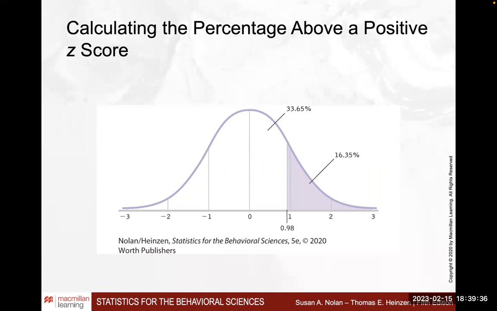If I calculate 100 minus 83.65, I know what proportion of the population is greater than that value. Correct? Makes sense, right?